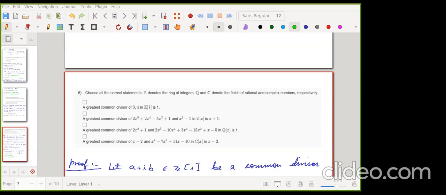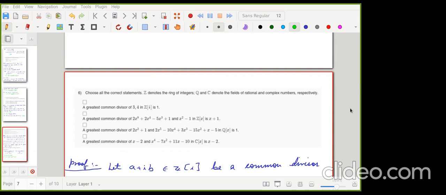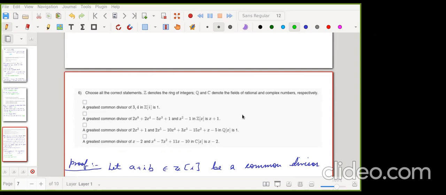They say that zeta 5 is not a member of Q of zeta 7, the smallest field containing Q and the primitive seventh root of unity.